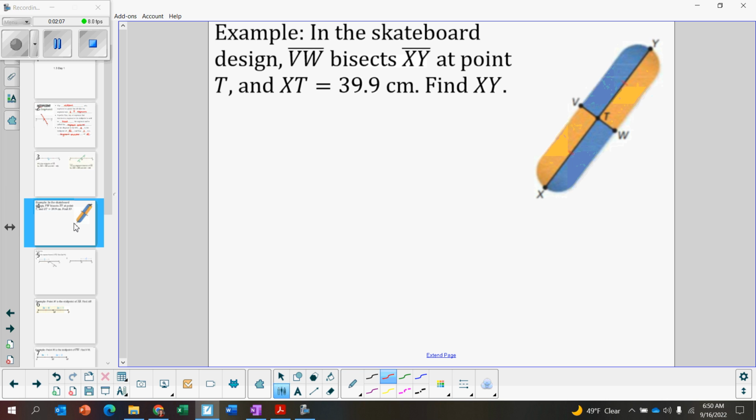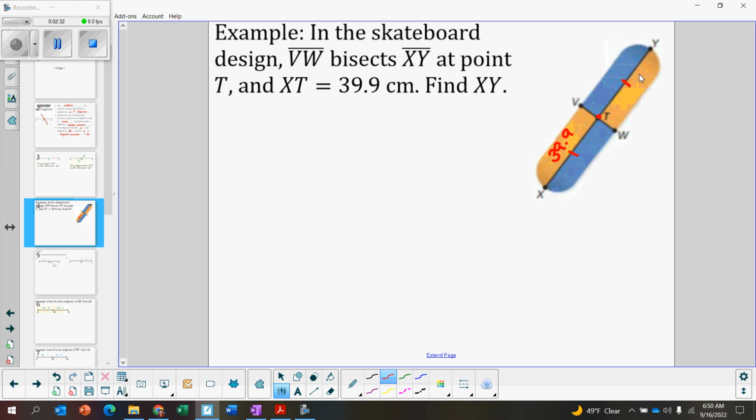So in this example, we have a skateboard, and segment VW bisects segment XY at point T. It's a little hard to see, but we do have some congruence marks here because T bisected XY. We know from X to T is 39.9.